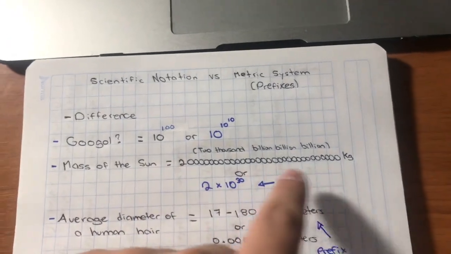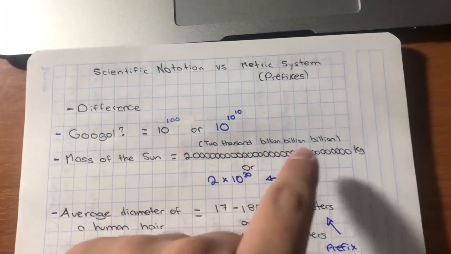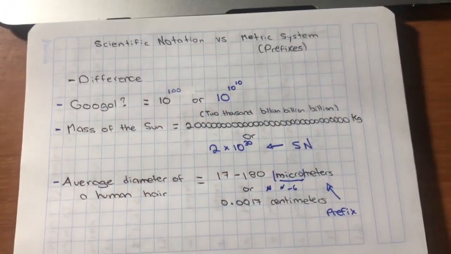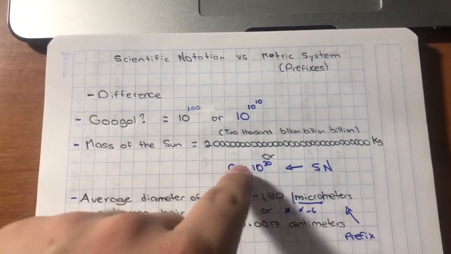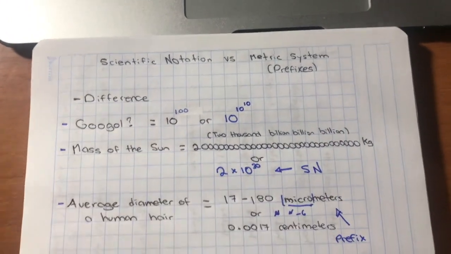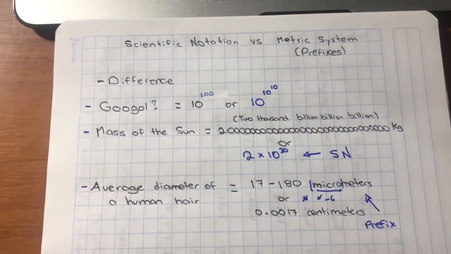The name of this number is 2000 billion billion billion kilograms. But as I said, using scientific notation, you can say it's 2 by 10 to the 30th exponent, and this is the mass of the sun.